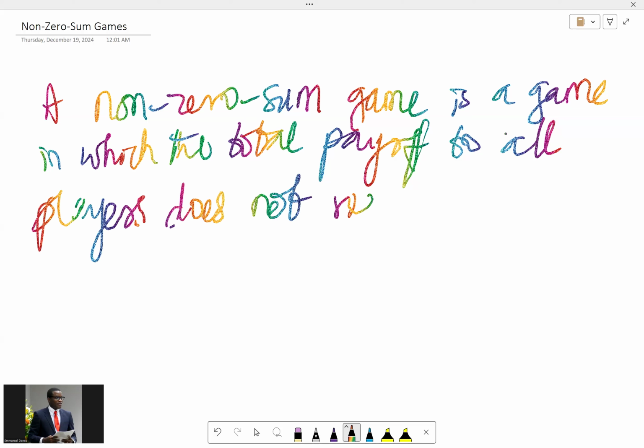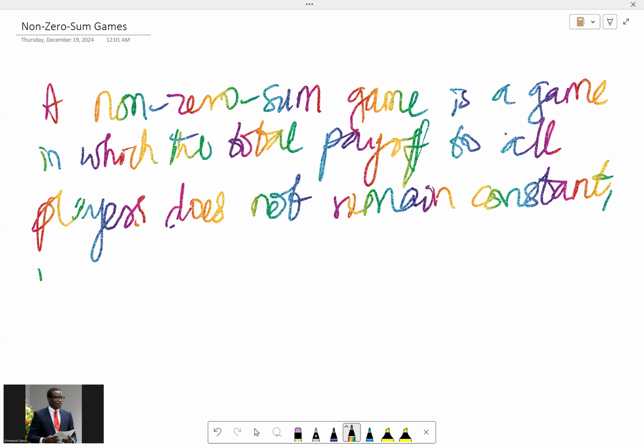In the case of a zero-sum game, the total payoff is always constant, meaning that if you sum up all the payoffs, it ends up at zero, right? So a non-zero-sum game is a game in which the total payoff to all players does not remain constant.